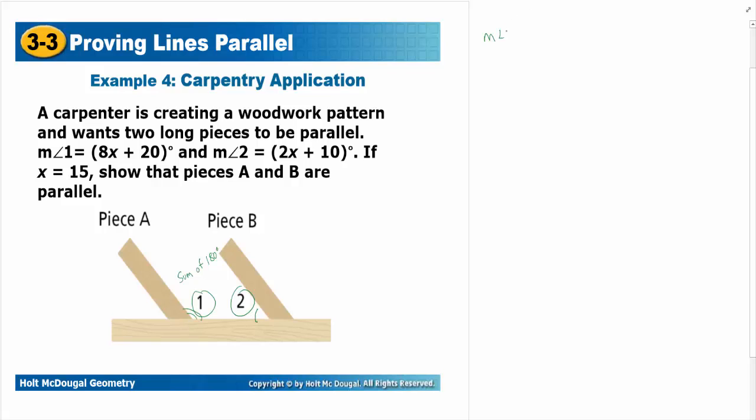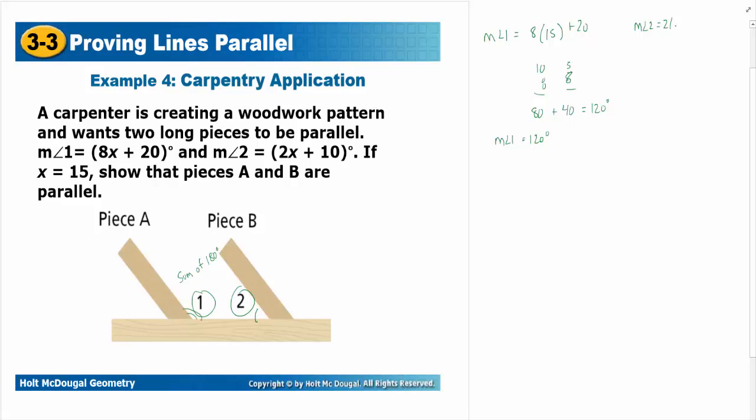So here we go. The measure of angle 1 equals 8 times 15 plus 20. Again, I'm going to multiply this out. Think 10 times 8 and 5 times 8. That's 80. That's 40. Add them up, that's 120. So the measure of angle 1 equals 120. Now I have the measure of angle 2.